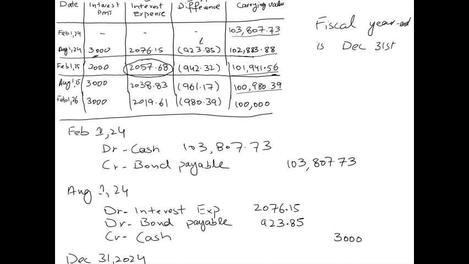So this is the 6-month amount, right? Because from August till February 1st, that is 6 months. But we only need to cover off up until December, and from August 1st to December 31st, that is 5 months.